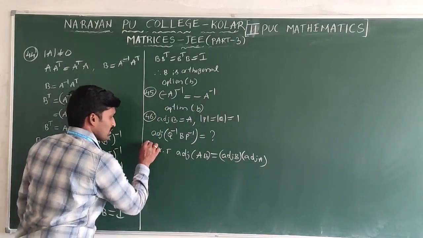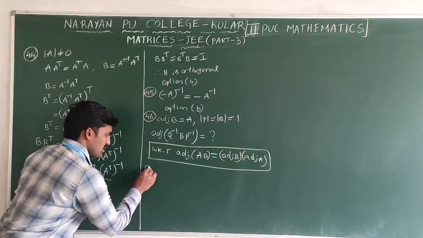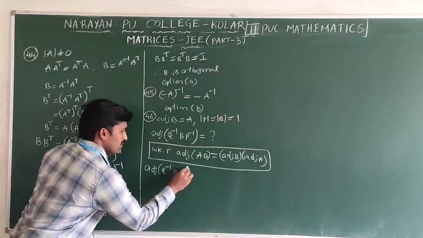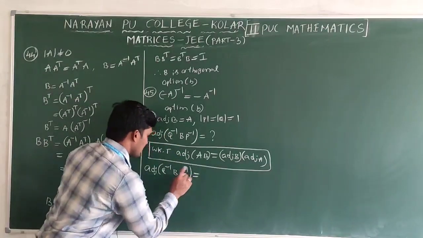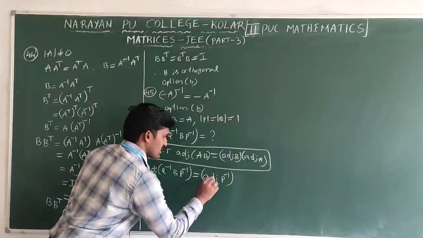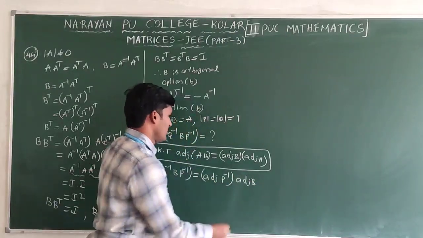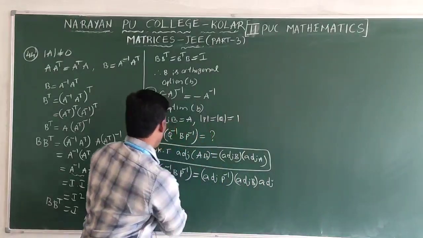Now this condition we are using. As for this, adjoint of Q inverse into B into P inverse we are taking. Now we will take here adjoint of P inverse first, into adjoint B, into adjoint of, what is the first one?